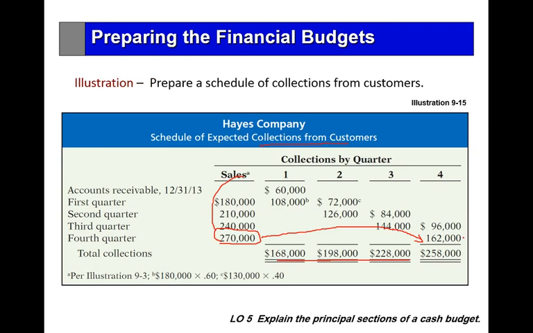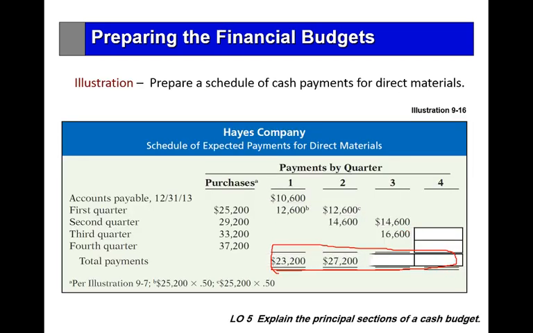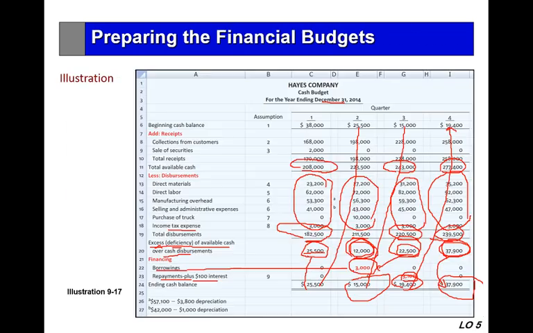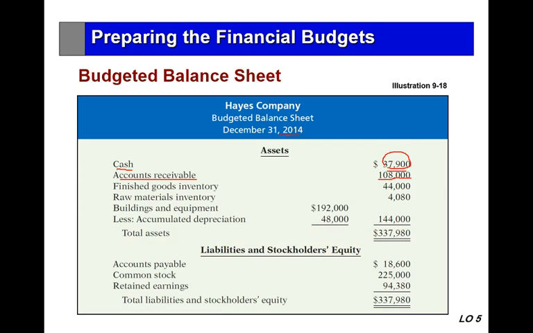Then the remaining is 108,000. The remaining 270,000 minus 162,000 is the balance of the accounts receivable. The balance of accounts receivable here is 108,000. And in the same way we have accounts payable. From where does this amount come? 18,600.